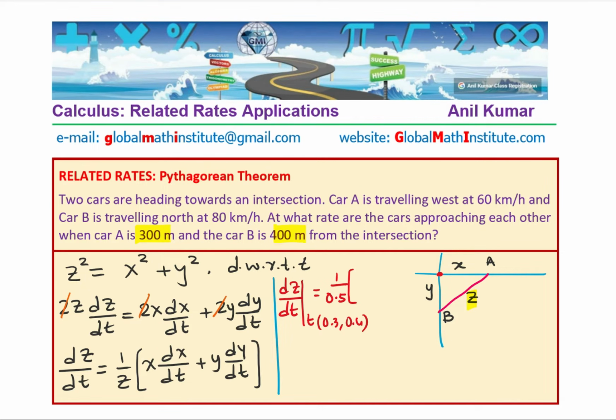X value is 0.3 at this time times the rate of change, which is negative 60, right? And then we'll have to add the y value, which is 0.4, times the rate of change, which is 80 kilometers per hour. Is that clear to you? And negative 80. Correct? So substitute these values and then get your answer.